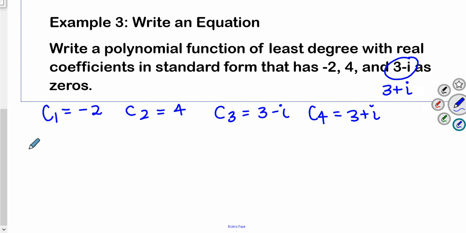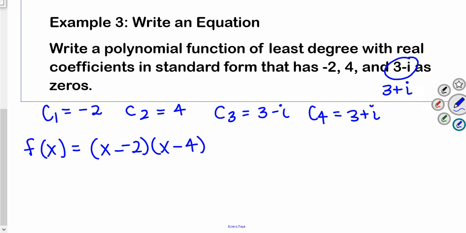The next thing I do is I write my polynomial: f of x equals x minus c1 times x minus c2 times x minus, and then we have 3 minus i as our c3, and x minus 3 plus i.